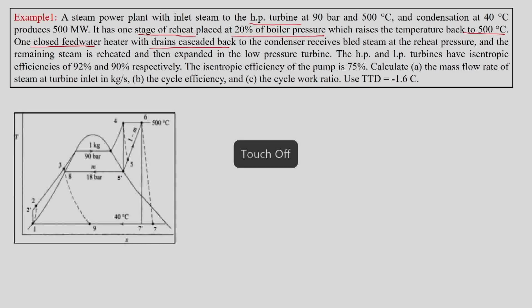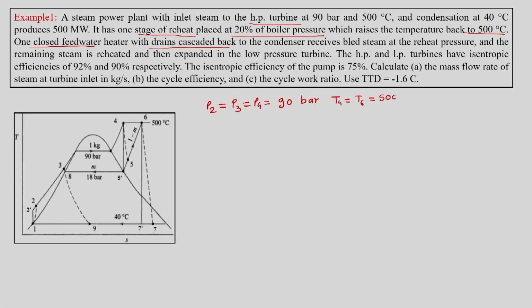So for us this is a typical TS diagram for this example. In this example, what do we know? We know that P2 is equal to P3 is equal to P4 is equal to 90 bar. Similarly T4 is equal to T6 is equal to 500 degrees Celsius. Then we know that P8 is equal to P5 is equal to 0.2 of P3, and that is why 18 bar.